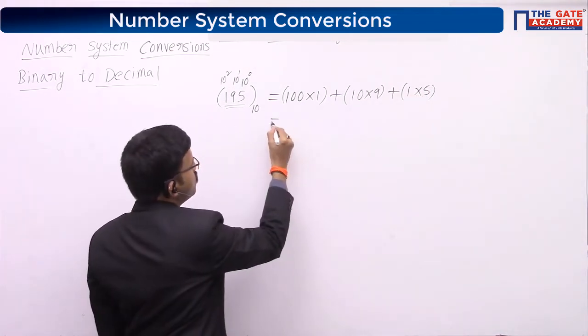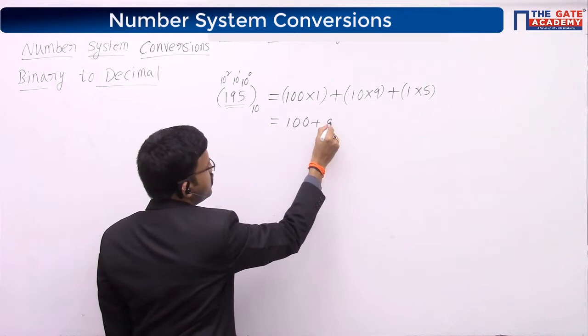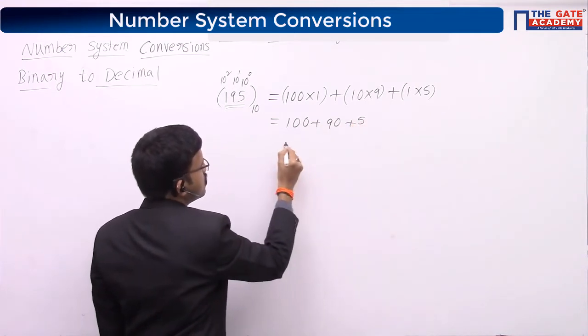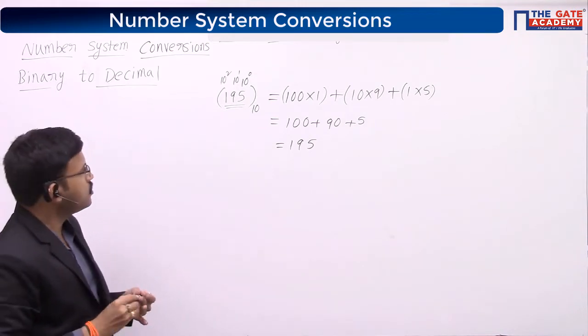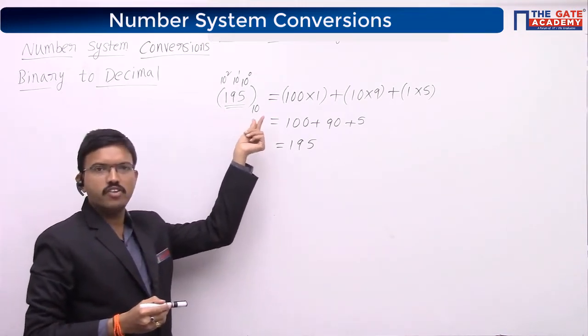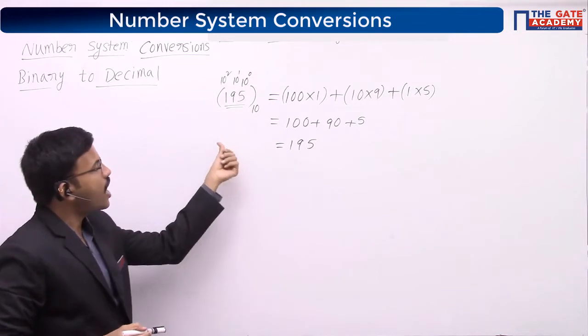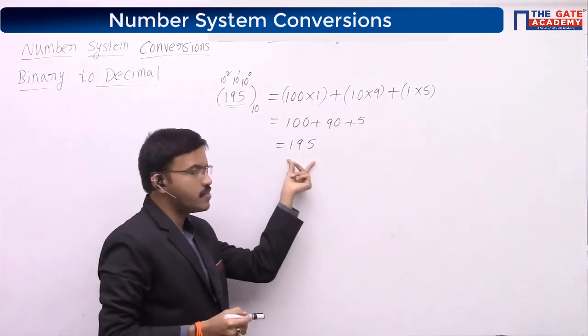So here you will get 100 plus 90 plus 5. After simplification you will get 195. So here you have the digits 195 of decimal. After doing this simplification you get the same result.